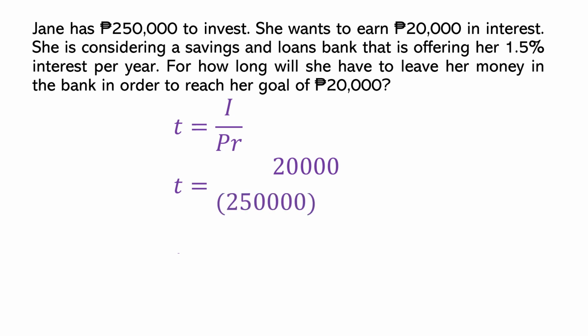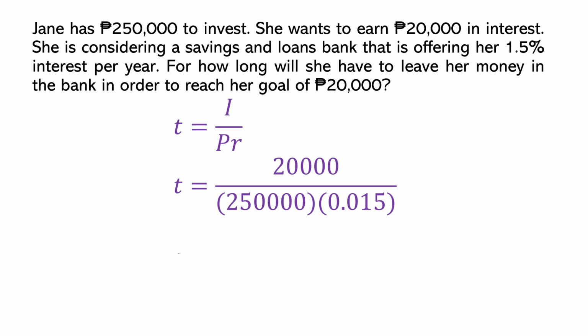And at the bottom, the P, or the principal amount, is the invested amount, that is 250,000. And the R, or the rate, is 1.5%. Again, you can use the percent form in the formula, but you have to convert it into decimal. So 1.5 divided by 100, you will get 0.015.